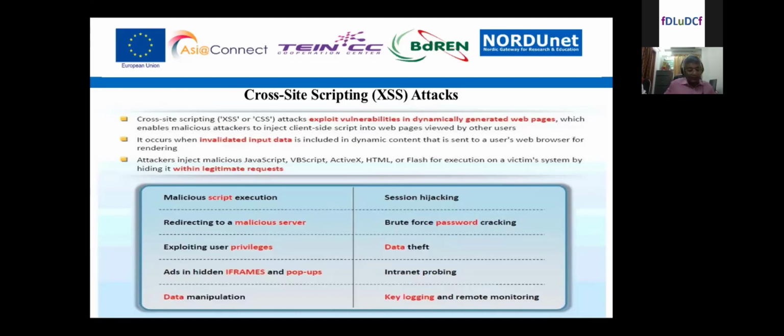When the victim or user uses the dynamic web page, the cross-site scripting attack happens in those sorts of web applications, and this enables malicious attackers to inject client-side script into web pages viewed by others.